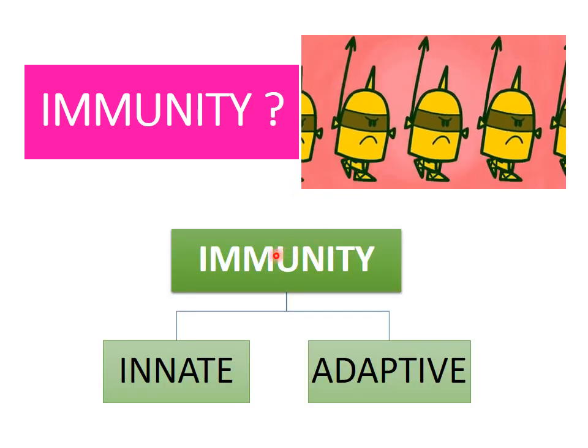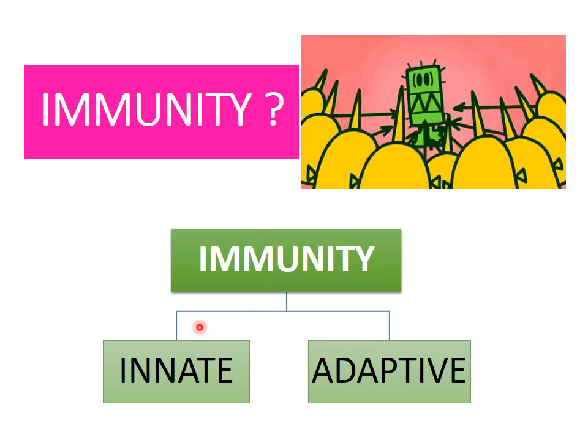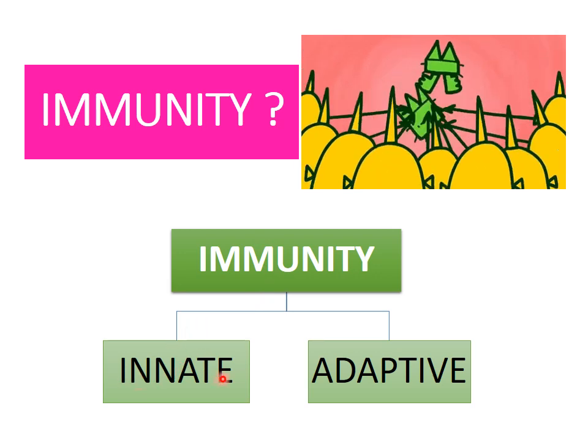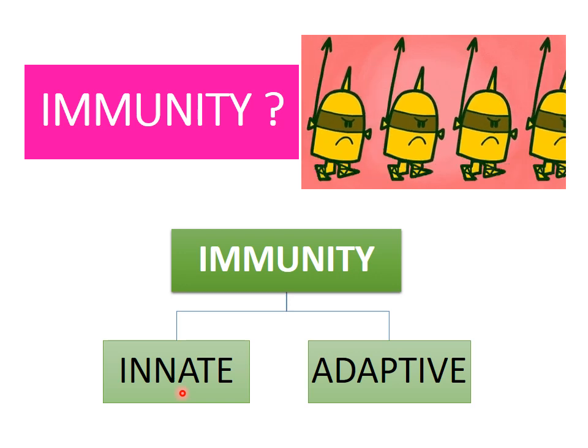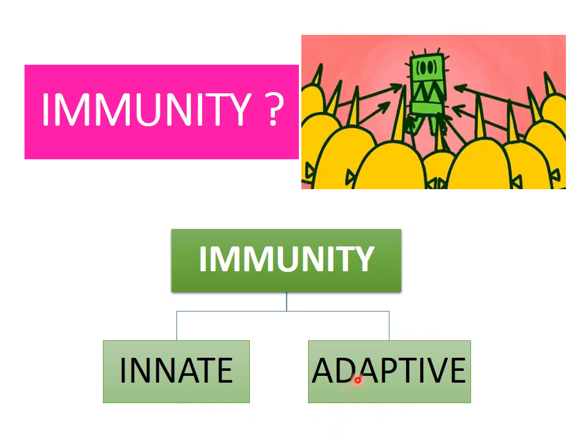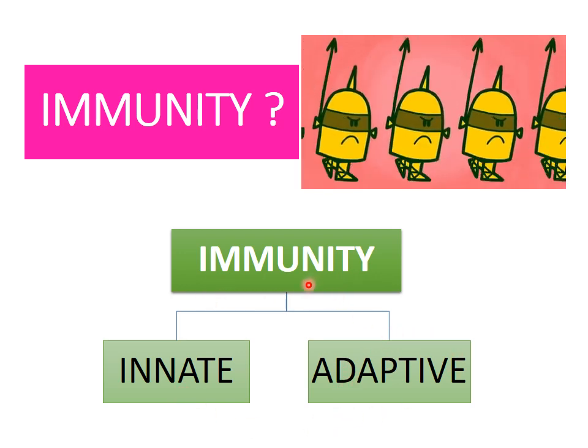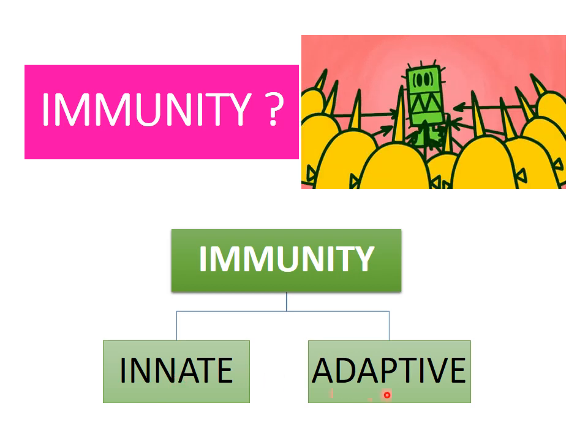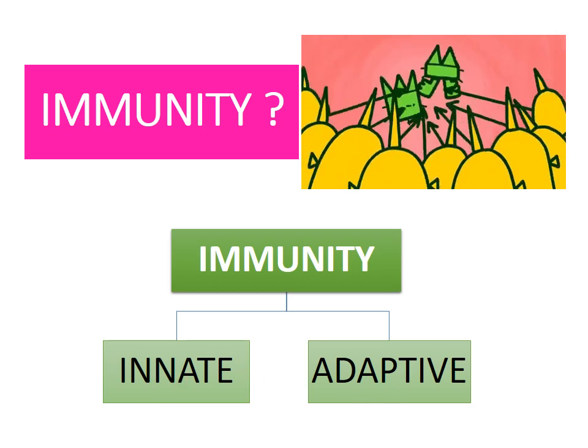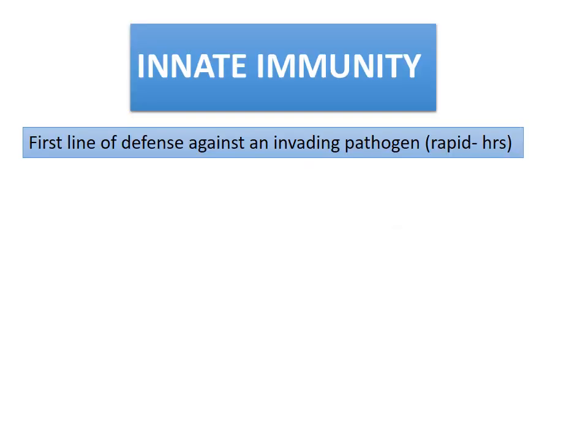So immunity is again divided into two sub-processes: the innate immunity, that is natural immunity, and adaptive or acquired immunity. So immunity is divided into innate immunity and adaptive immunity. Let us see one by one.